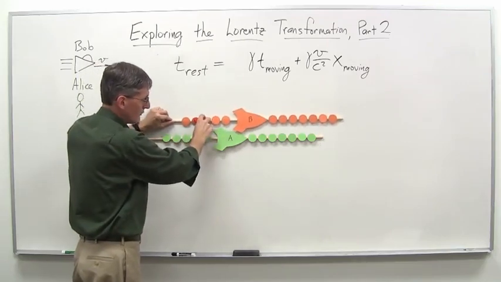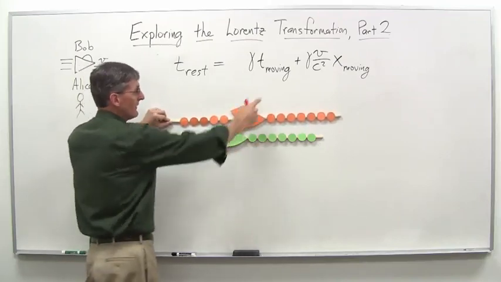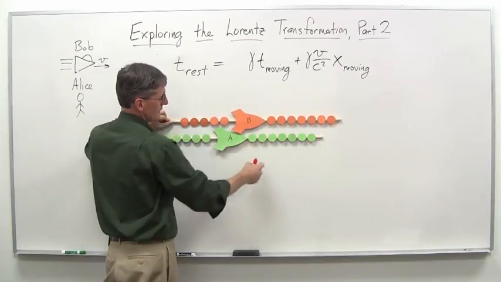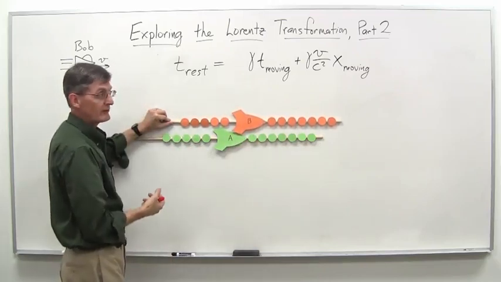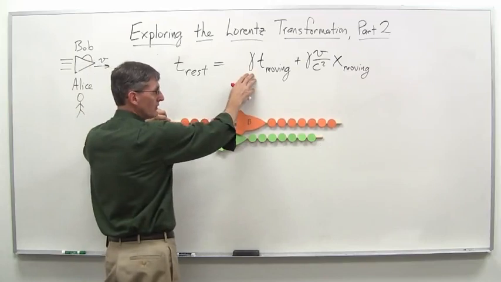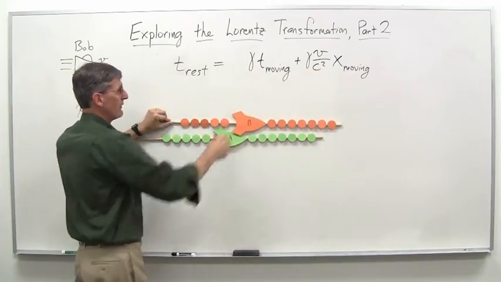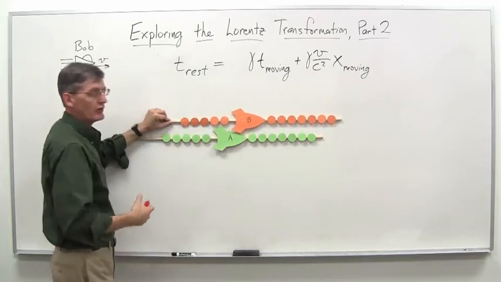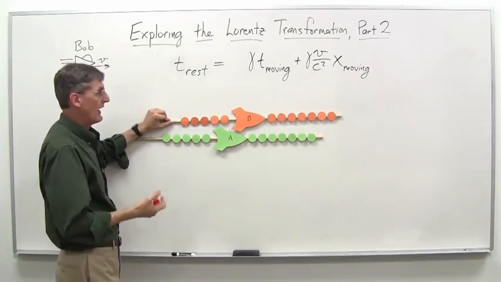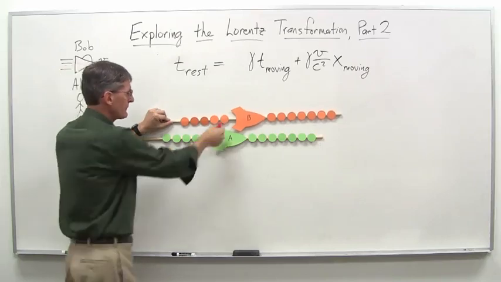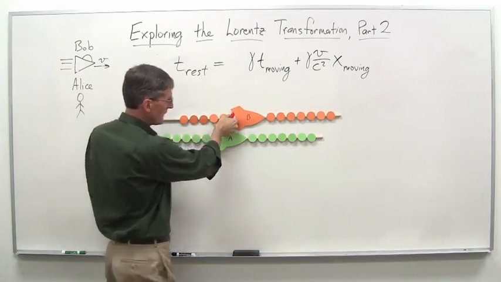But down here, as it went on, we find when Alice took the photo that the time on, say, the second one there, whichever one I've been pointing to, has to be less than 10 because gamma is greater than 1. This term also is positive, and therefore the value of time on Bob's clock in the moving frame has to be less than 10. Okay, so that's sort of an interesting result. It just reminds us of time dilation.